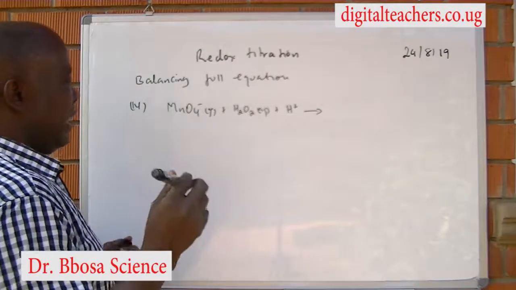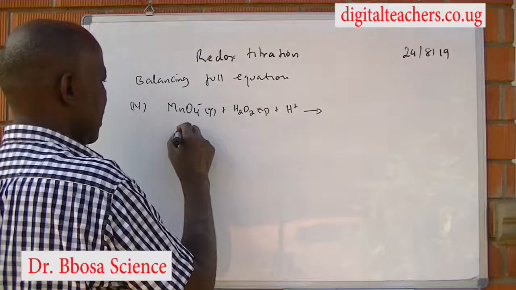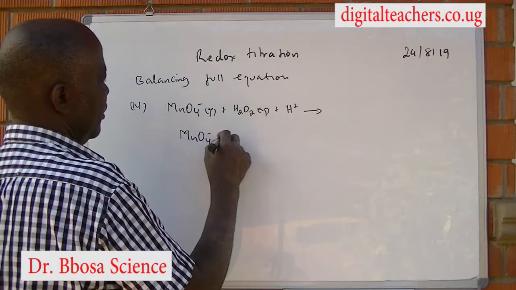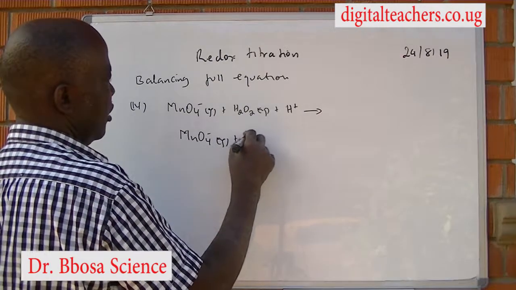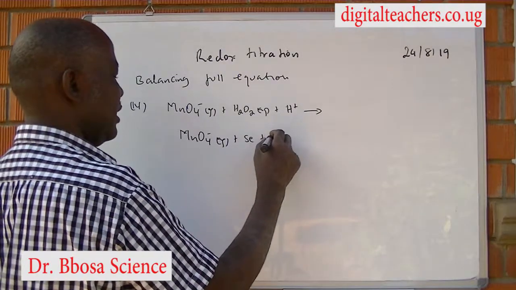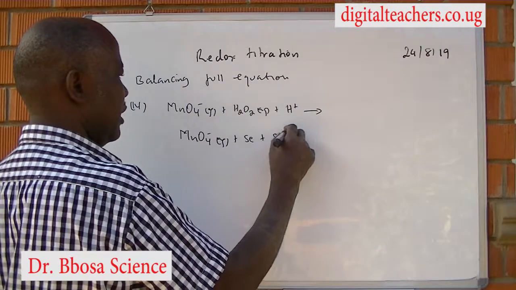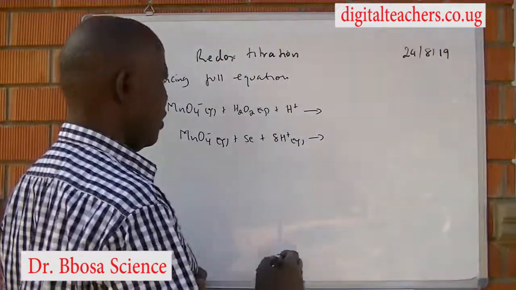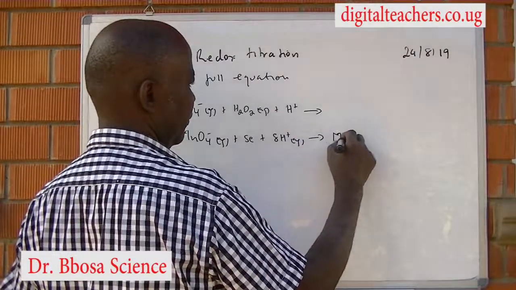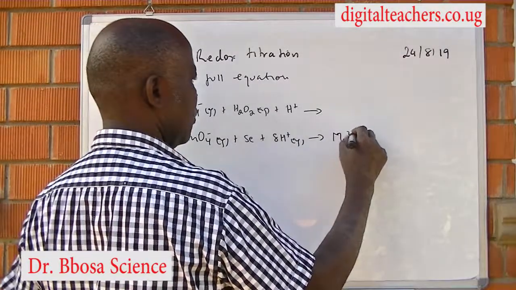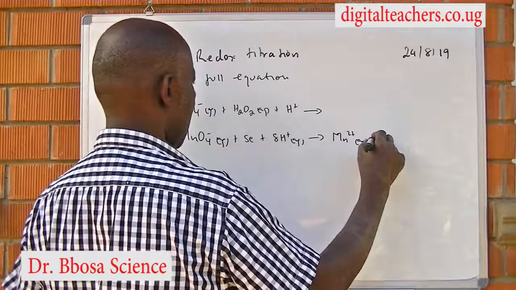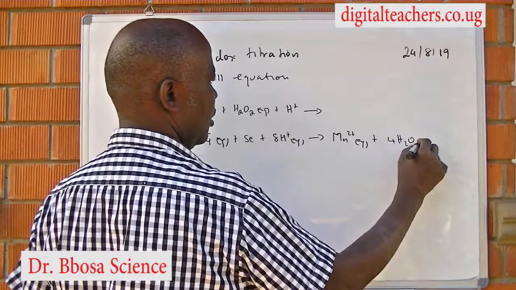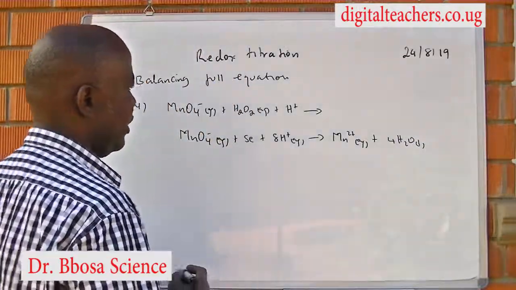What we do again, we write our equation, that is MnO4 minus aqueous plus 5 electrons plus 8 hydrogens aqueous, you get manganese 2 plus aqueous plus 4 H2O liquid.